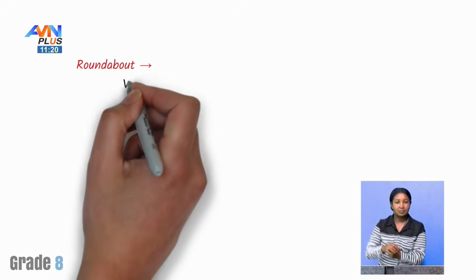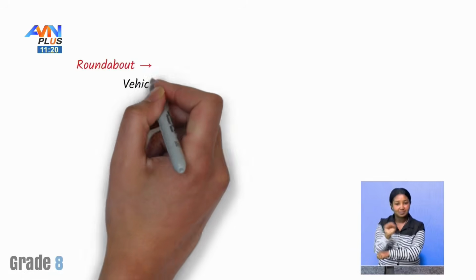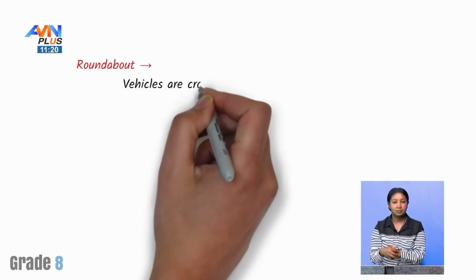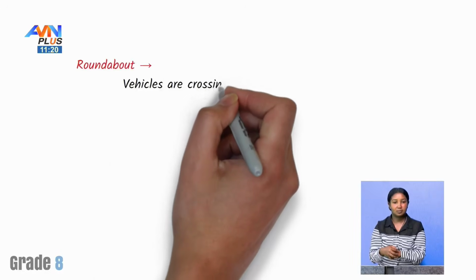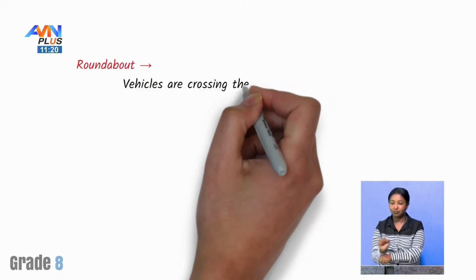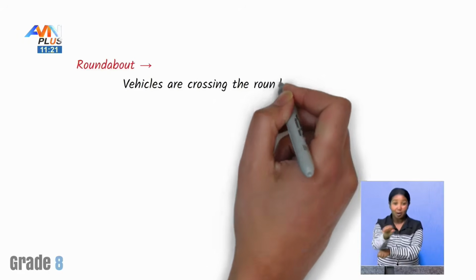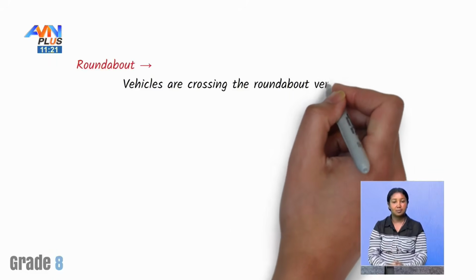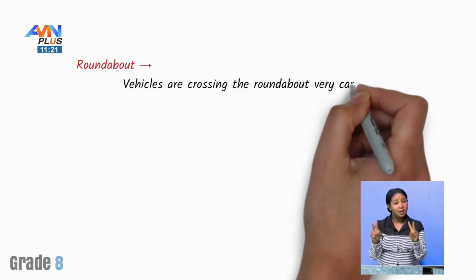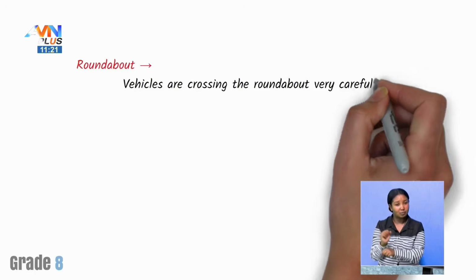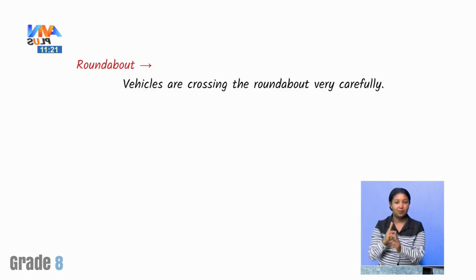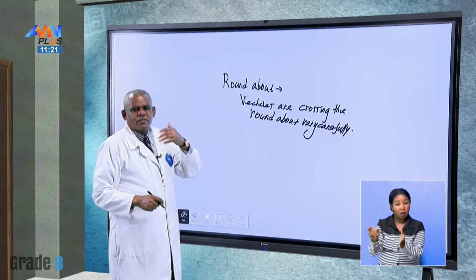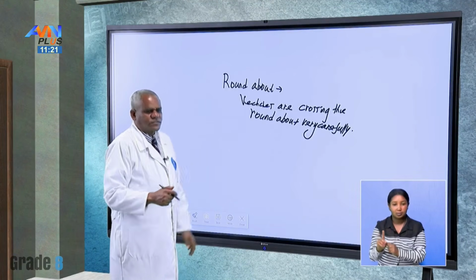Vehicles are crossing the roundabout very carefully. That's why, because crossing a roundabout is allowed only for the vehicles or drivers.